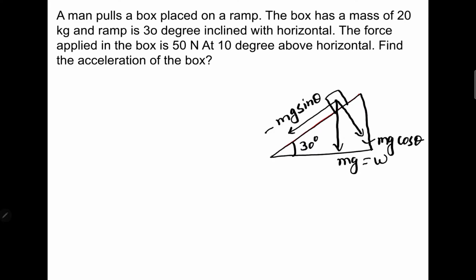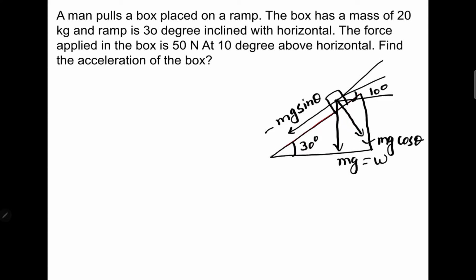And a boy is applying force to the box from here. I'm just splitting the force because of gravity, the weight. So the boy is pulling the box from here with 50 Newton, something like this, making 10 degree with the horizontal, right? And this is the horizontal.